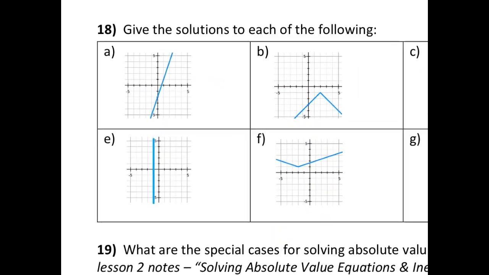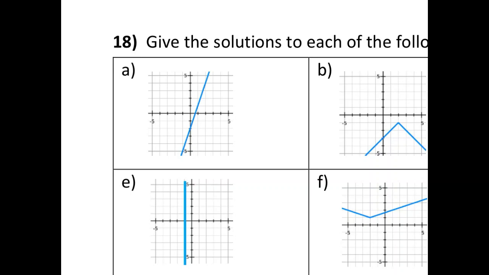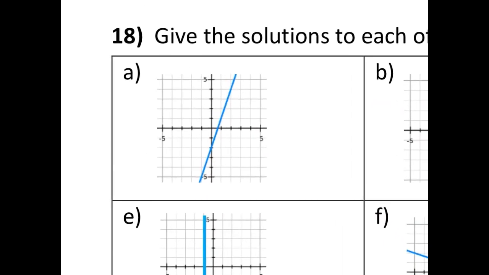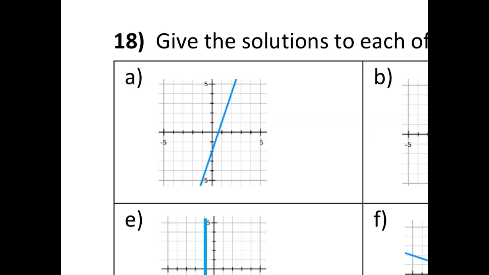So sometimes you're going to be given a graph and asked to solve a graph. And just remember that the solution to a graph is always going to be the x-intercept. Now, sometimes the x-intercept is not going to be exactly a whole number.